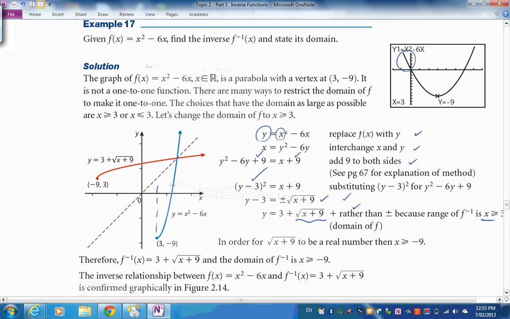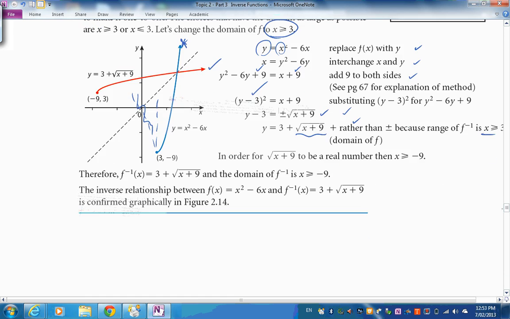So what they'll do is actually change the domain for you. You won't have to work that out, because when you actually invert this function, this one must be a one-to-one, so you can't have the rest of this function up here. This one has to be an actual function, so the original one has to be one-to-one, no duplication of y values.